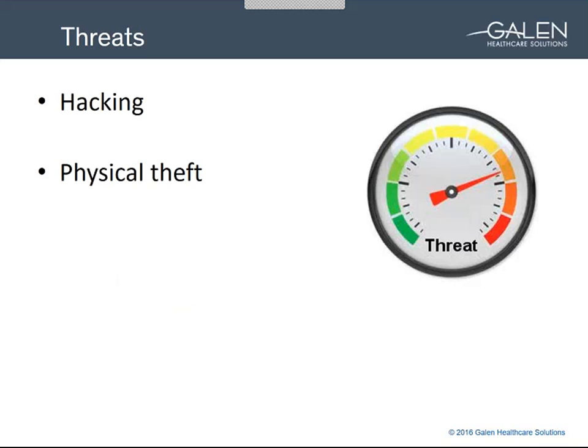Physical theft is another pretty obvious one, coming in and stealing a laptop, for instance, or even stealing paper records for that matter. The stat I like to cite sometimes is that when it comes to identity theft, and people stealing credit card information and financial information, a lot of people are worried about their online presence, and you should be.